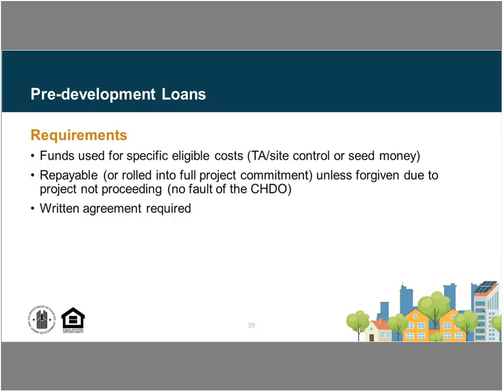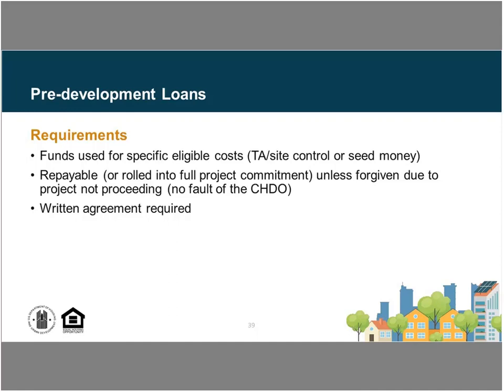In some cases, what's going to hold that CHDO back from putting together a full application for funding is having the funds to do some of that pre-development work. So CHDO regulations allow for funding to be provided, up to 10% of the set-aside funds.